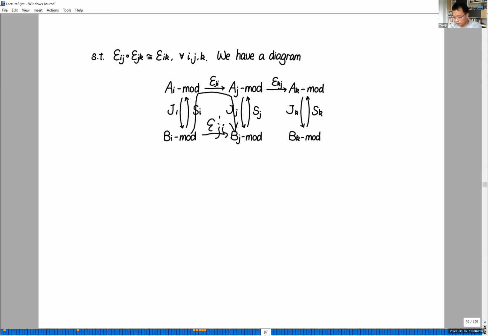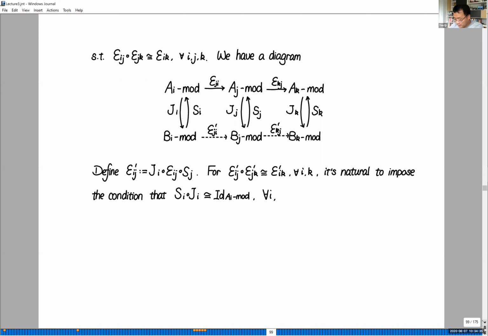Okay, so naturally follow its direction. And of course, you want this equation to hold on the B_I module category as well. So once you define E_IJ prime to be J_I composed with E_IJ composed with S_J, you want this composition to be canonically isomorphic to the other way.